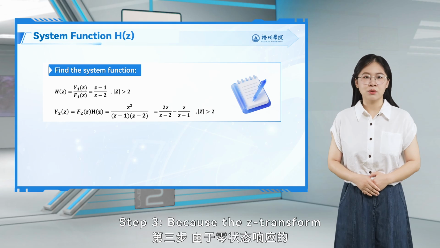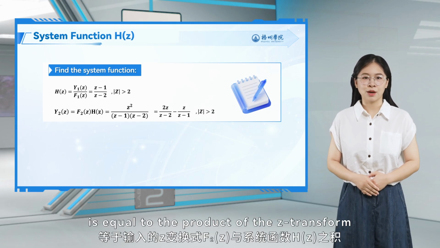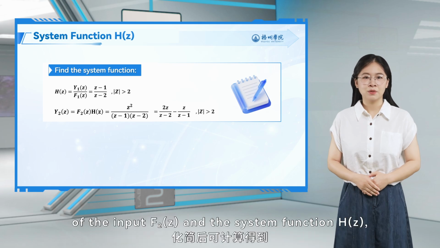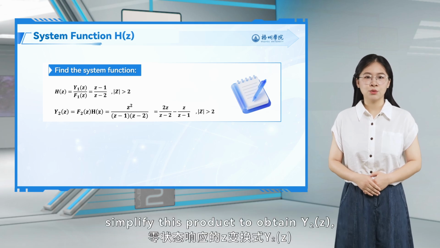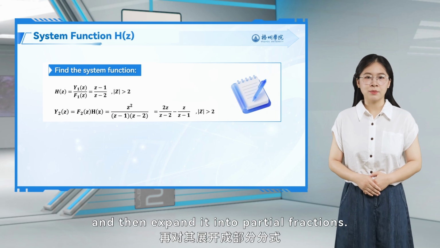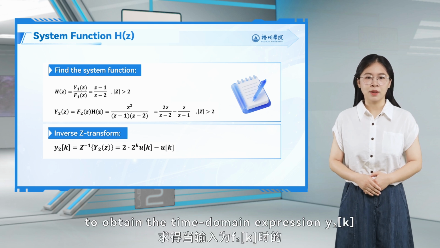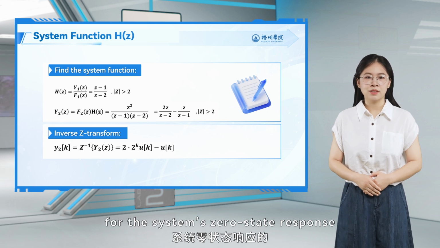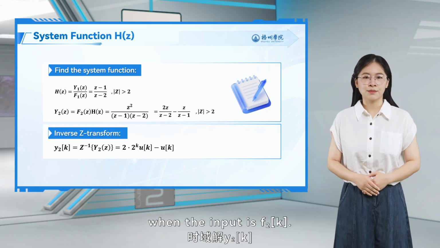Because the z-transform of the zero-state response Y2(z) is equal to the product of the z-transform of the input F2(z) and the system function H(z), simplify this product to obtain Y2(z), and then expand it into partial fractions. Step 4. Take the inverse z-transform of Y2(z) to obtain the time domain expression y2(k) for the system's zero-state response when the input is f2(k).